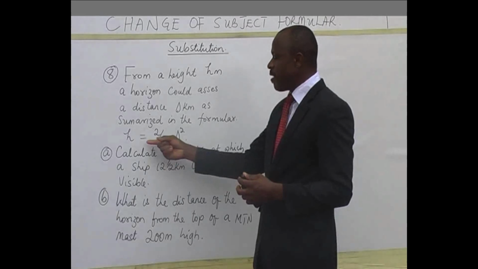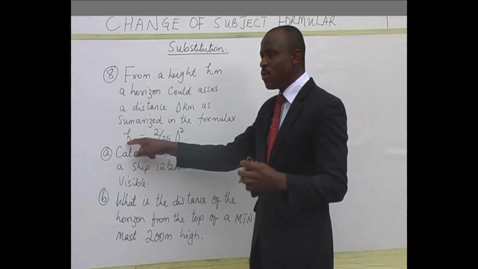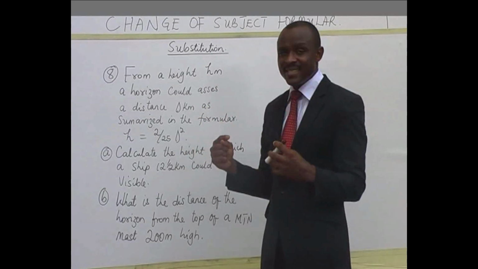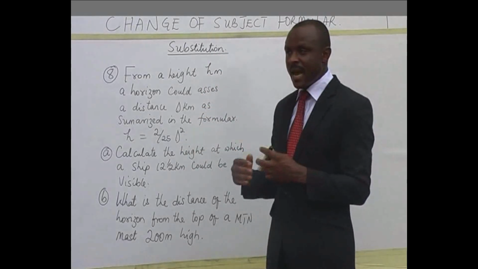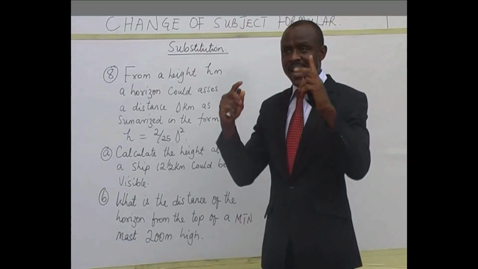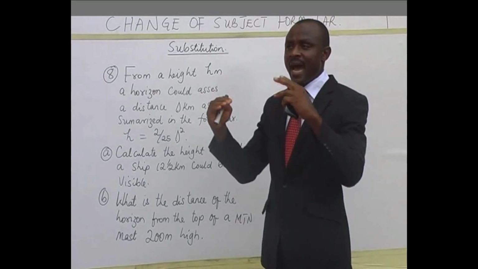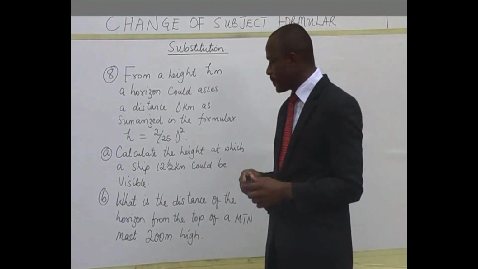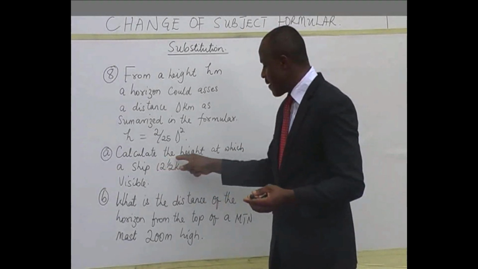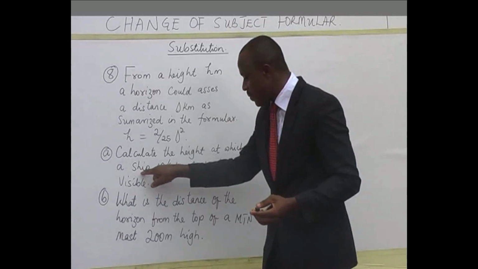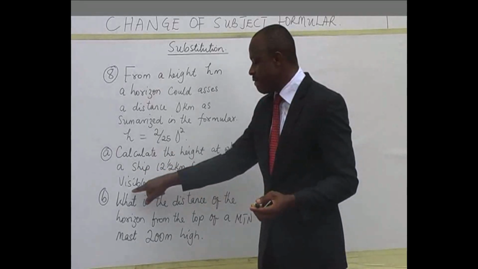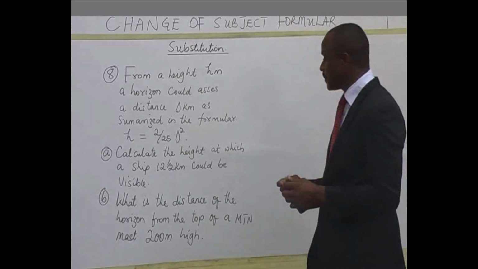That means there is a relationship between the height of the horizon and the distance it could access from that height. Now, question number 1 says that we should calculate the height at which a ship that is 12.5 kilometers away could be visible by the horizon.